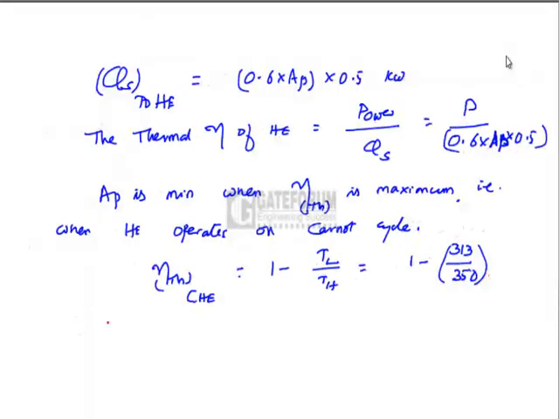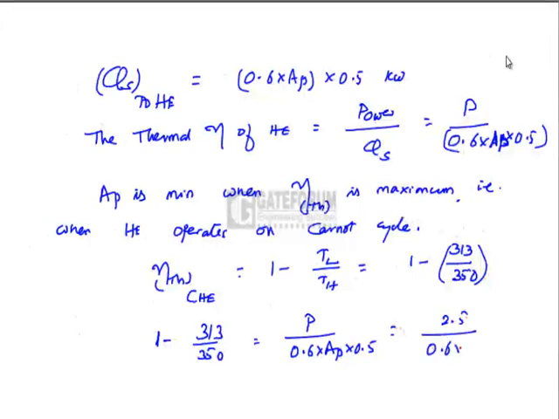Therefore, equating the thermal efficiency to the above formula, that is P divided by 0.6 into AP into 0.5, where P is given as 2.5 kilowatts. 2.5 divided by 0.6 into AP into 0.5.